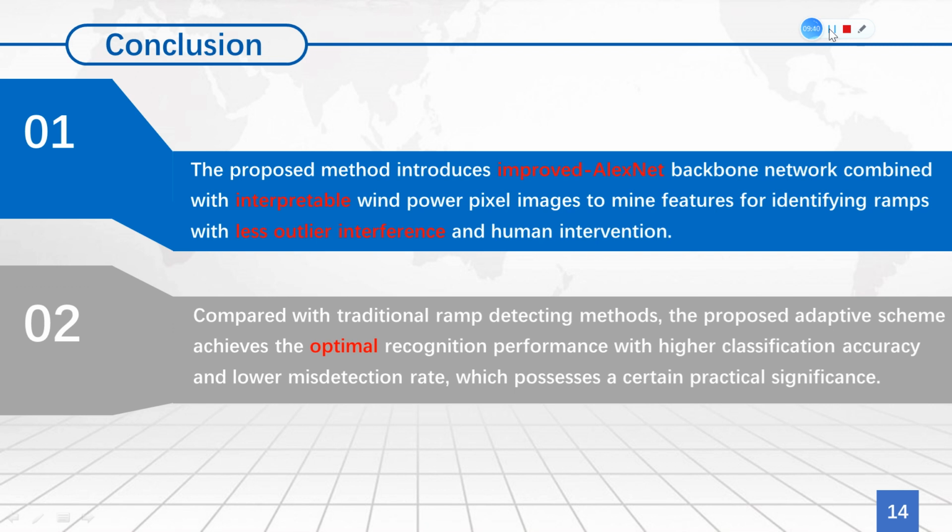Compared with traditional ramp detecting methods, the proposed adaptive scheme achieves the optimal recognition performance with higher classification accuracy and a lower misdetection rate, which possesses a certain practical significance.